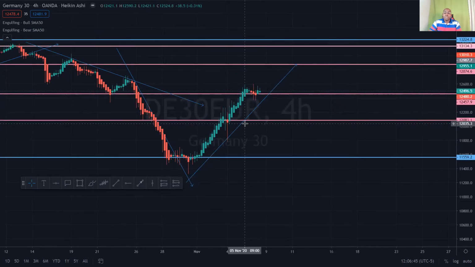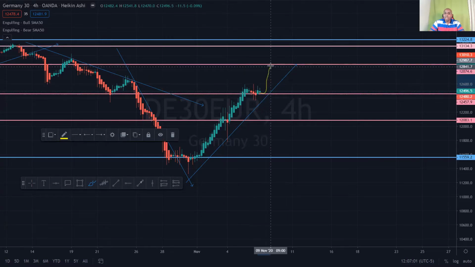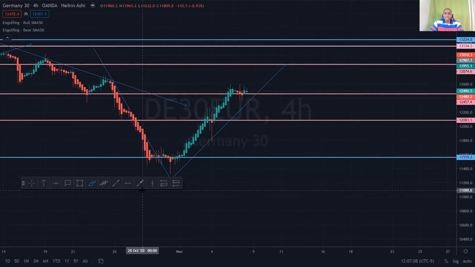I'm predicting, based on how the German 30 moves, that we'll continue to do something like this. We have this minor resistance here that has now become a minor support. You do something like this, hit here, touch here, and go back there. All right. So what we're going to try to do for the German 30 is this.